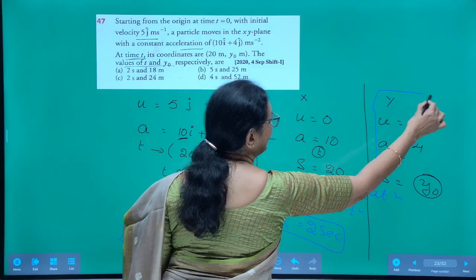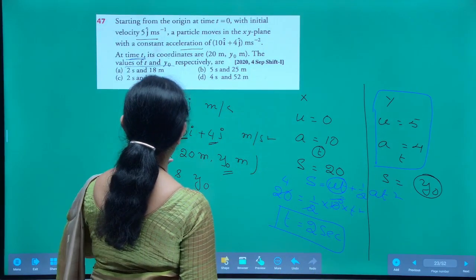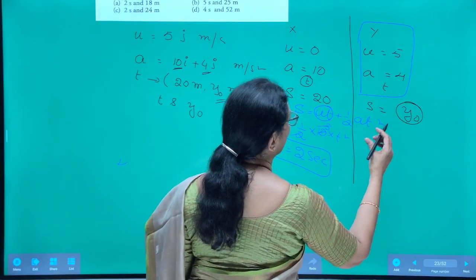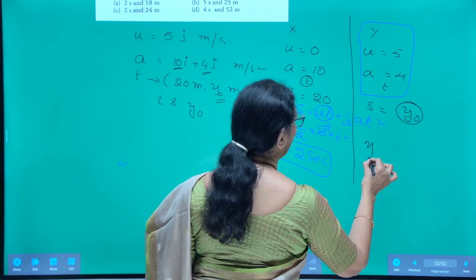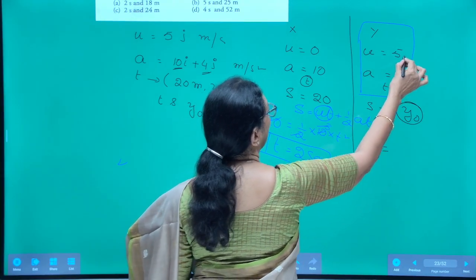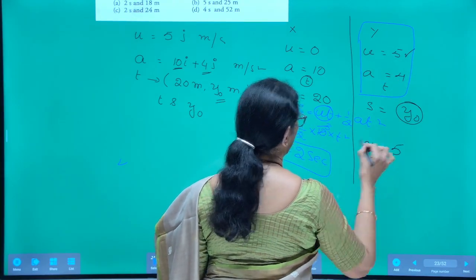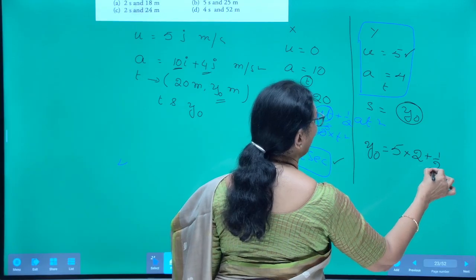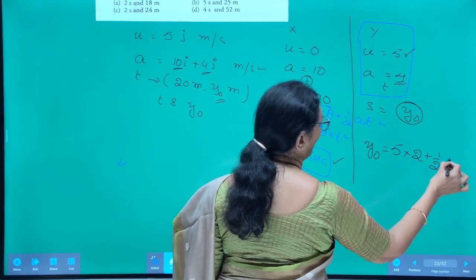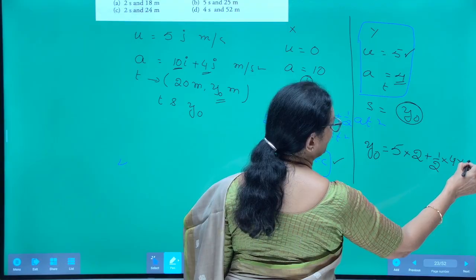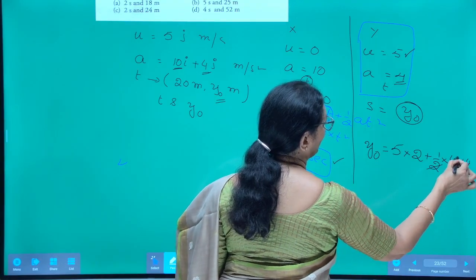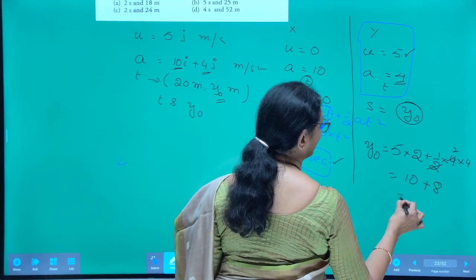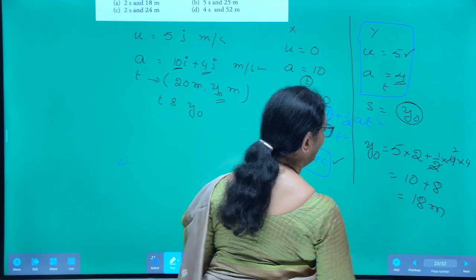From this data, if you apply the same equation, S is equal to ut plus half at square, y0 is equal to ut plus half at square, where u is 5, t is 2 seconds, a is 4, and t square is 2 square, that is 4. So, this is 10 plus 2 fours are 8, it is 18 meters.